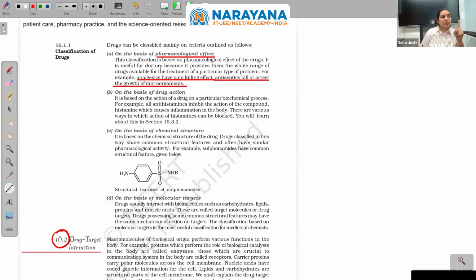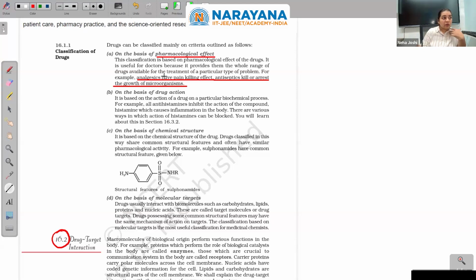They are generating an entire classification based on what type of impact a particular chemical has on our body. After taking painkillers, if you were having some pain, you will find that the pain is gone. So it is a painkiller. Antiseptic, for some skin eczema or something, you can put some ointment.